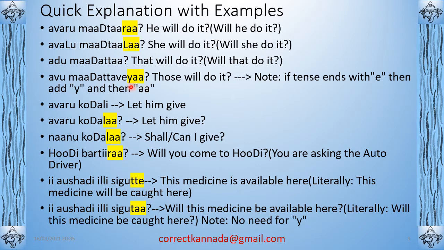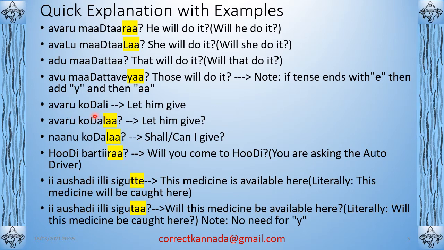Right? So here I'm using ya because maadattave is ending with e. When it's ending with e and you want to put a after it, you need to put a ya in between. This is Sandhi. So in this case only, you'll have to put a ya. If not, normally you just put a and it'll be fine.